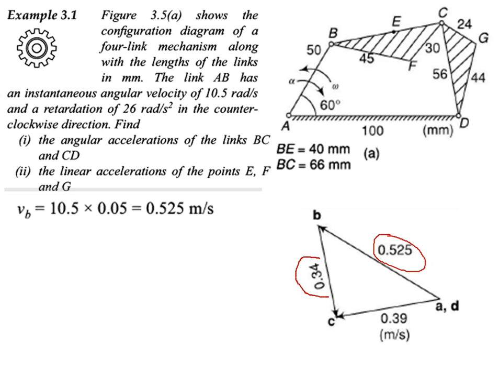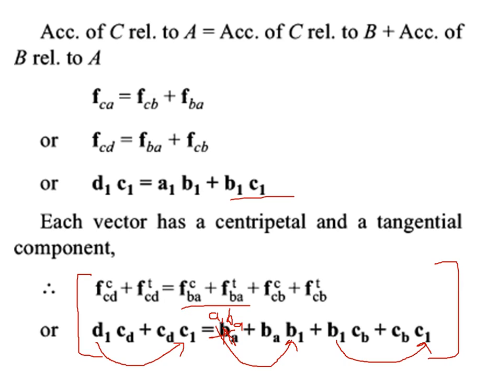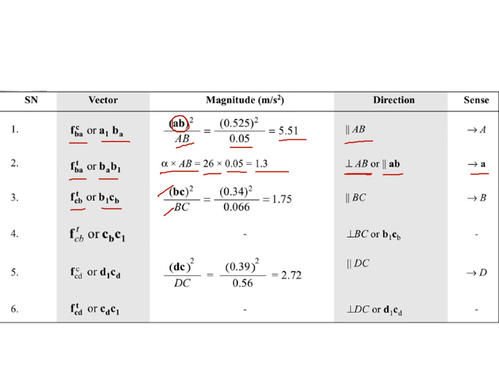You got 0.34 by measurement from the velocity diagram. Without calculating the velocity diagram, you can't go to acceleration. That's why for solving the acceleration diagram, you need to draw the table first, and to get the table, you should get the values of velocity. So always draw the velocity diagram, then take this table, then you can draw the acceleration diagram. So small bc square is 0.34 square divided by the length of BC.